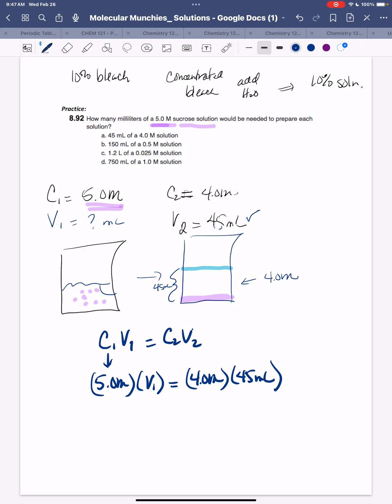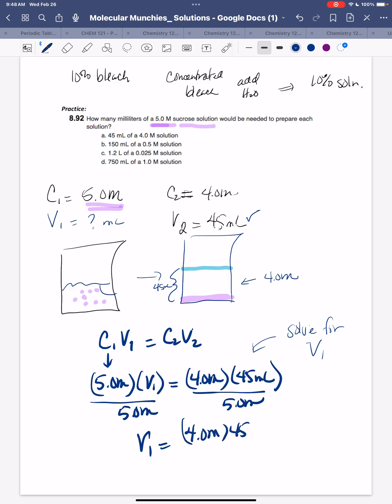So a little bit of algebra here. We're going to rearrange this equation, solving for V1. We're going to divide both sides by 5 molar, and we end up with V1 is equal to 4 times 45 divided by 5.